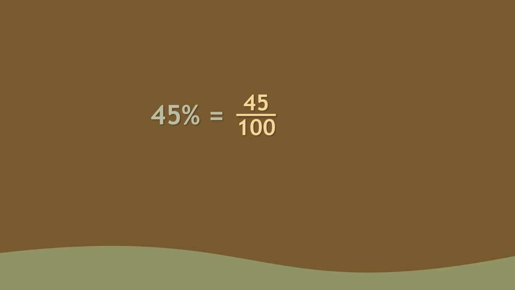Now remember, we always want to reduce our fractions down to their lowest terms. And so is 45 out of 100, is that written in its lowest terms? No, it's not. And so we need to reduce this fraction. So we need to think about what is a factor that we could divide into both of these. We need to think about the greatest common factor that these two numbers have.